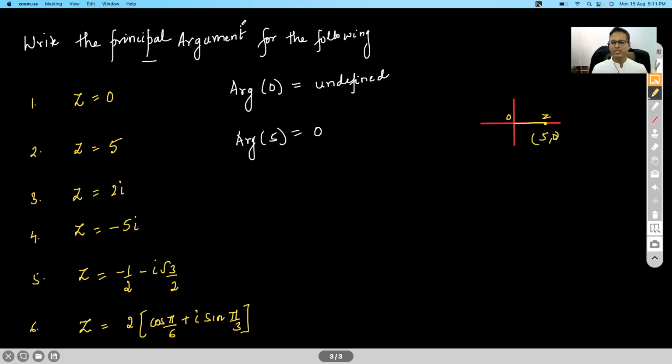Is it fine? Any questions? Okay. Third one, the answer is pi by 2. Why? Because 2i is like (0, 2) on the Argand plane, right? So what is the angle? The shortest angle is this angle, and measured anti-clockwise, it's a positive pi by 2. Okay.